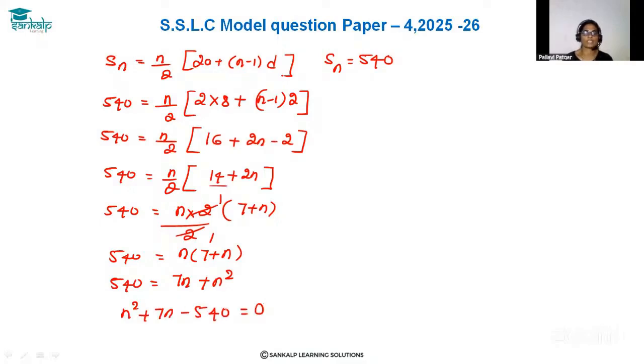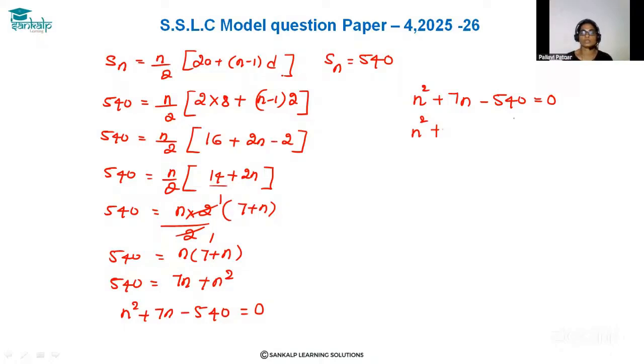Let us solve this by the factorization method. n square plus 7n minus 540 is equal to 0. Here 27 into 20 is 540, and 27 minus 20 gives plus 7.